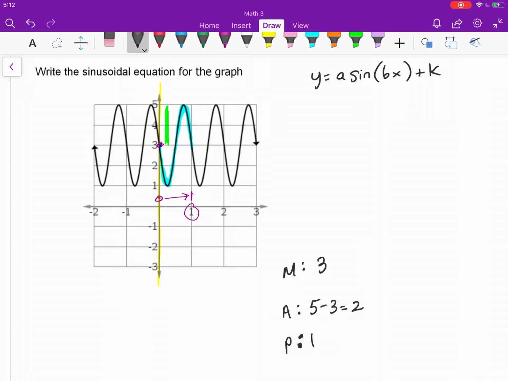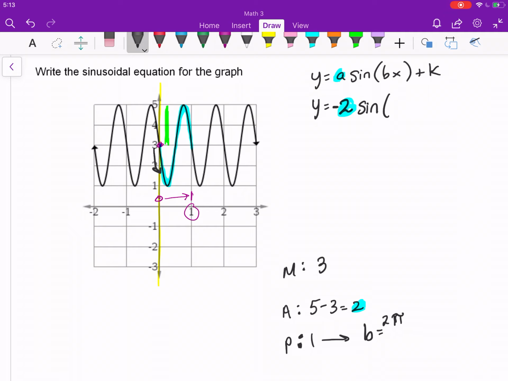So let's go ahead and just plug it all in. We've got y is equal to, let's start with our amplitude is 2, but we do need to note if this is positive or negative. Since this graph is going down first, down to the minimum, it's going to be a negative. And then we've got sine of, oh, I forgot. Period, always find your b after that.